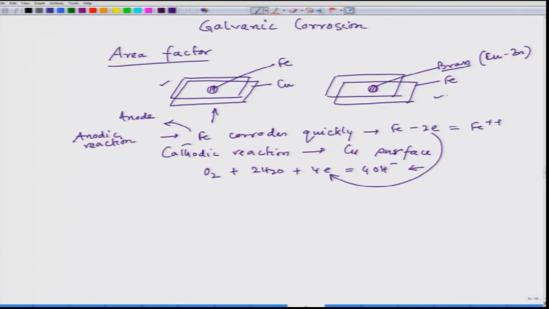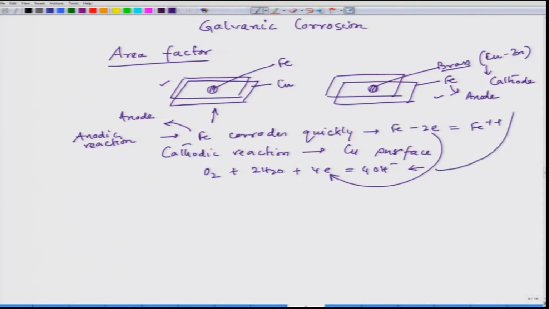In the other case, it would also lose strength, but the loosening would take a longer time, because here the brass is cathode and iron, of course, is anode.